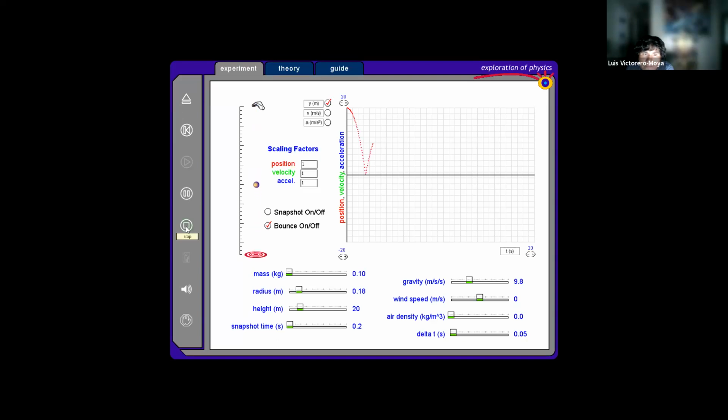That will make your readings harder to take. So this, and then look what happens. Okay. And then, of course, it's going to stop here on the ground. Keep in mind that those red dots are the position versus time.